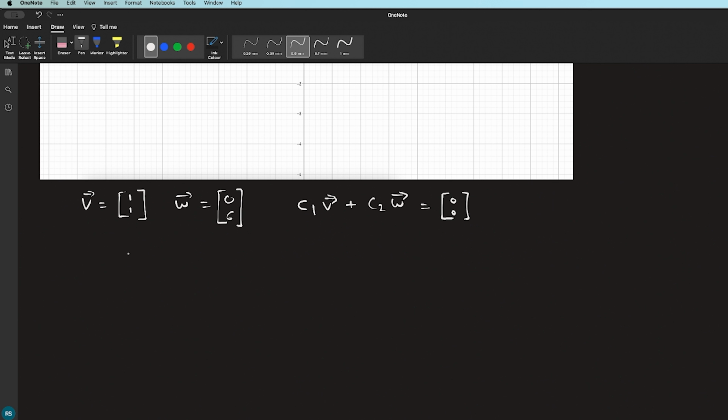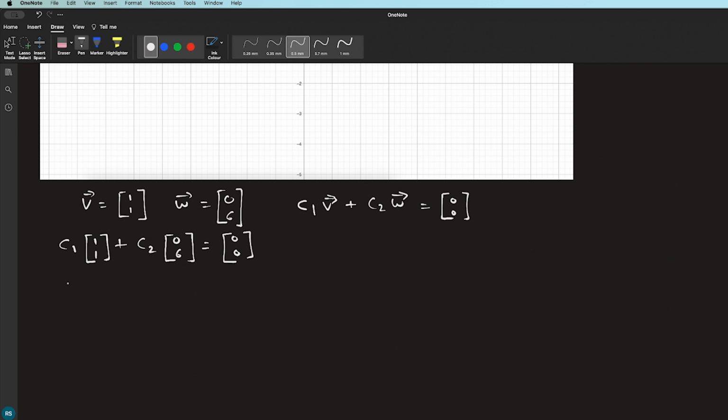Okay, so now we are going to prove it. We can write this equation as c1 into (1, 1) plus c2 into (0, 6) equals (0, 0).